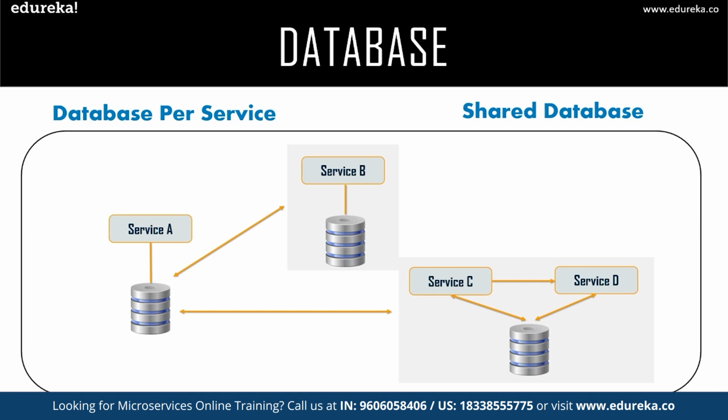So the problems could be basically the duplication of data and inconsistency. Different services have different kinds of storage requirements. Few business transactions can query the data with multiple services, and denormalization of data is not easy, right?